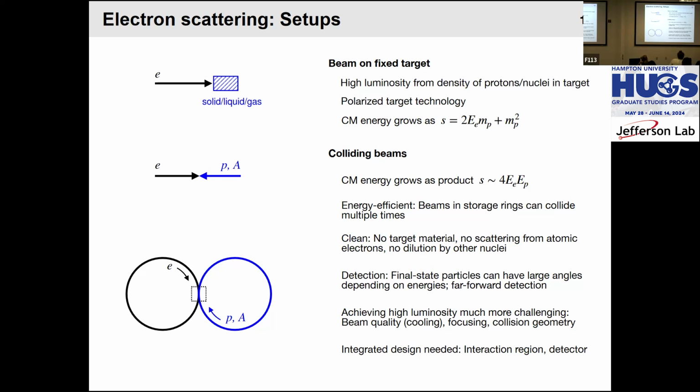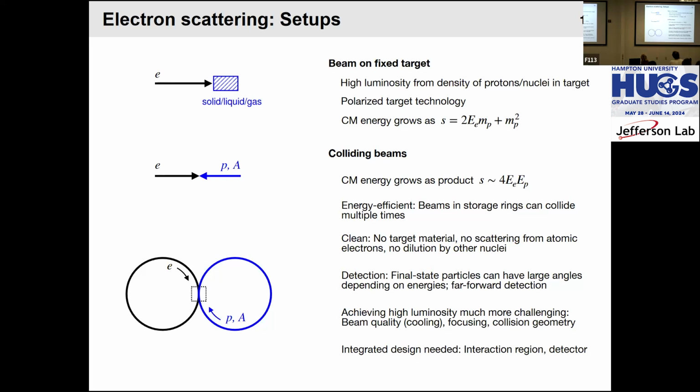This colliding beam setup also has a number of other advantages, which we'll summarize here. I mean, this is terribly generalizing; there's lots of detail and nuance about these technologies which is not covered here. But generally, scattering between colliding beams can be done in a way that is very energy efficient.